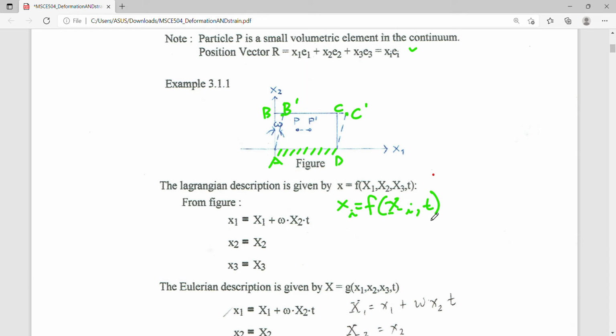So this is a vectorial notation, while this is more of a tensorial notation, or an indicial notation.